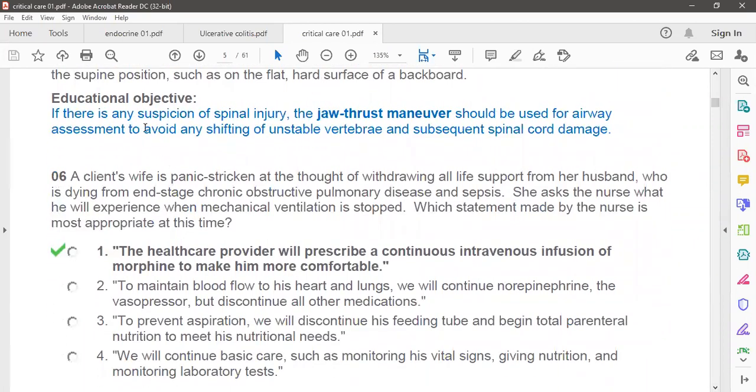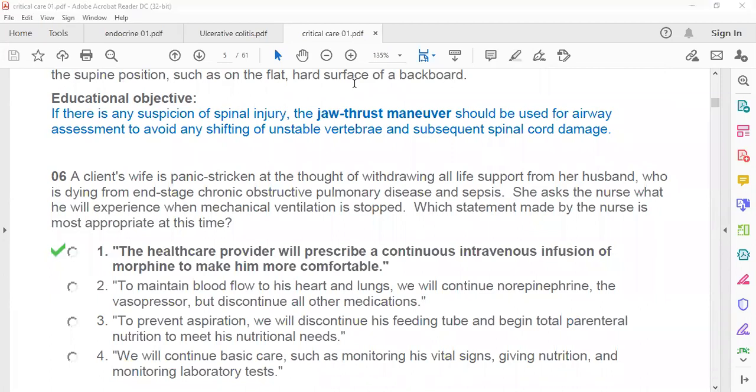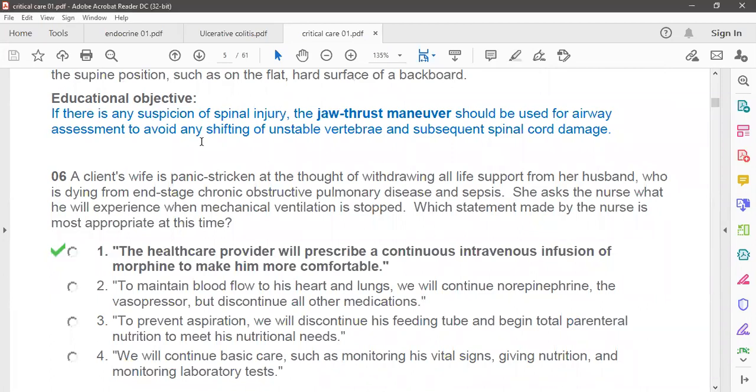If there is suspicion of spinal injury, the jaw thrust maneuver should be used for airway assessment to avoid any shifting of unstable vertebrae and subsequent spinal cord damage.